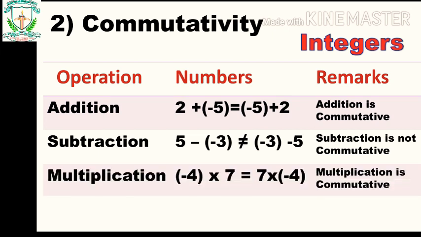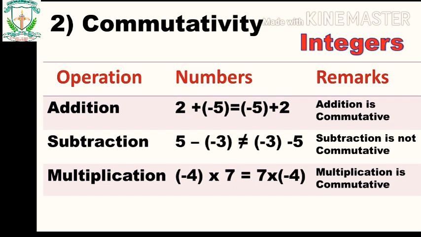Again, let us say for multiplication is minus 4 into 7 is same as 7 into minus 4. When we multiply two integers, minus 4 into 7 gives you minus 28, and 7 into minus 4 also gives you minus 28.